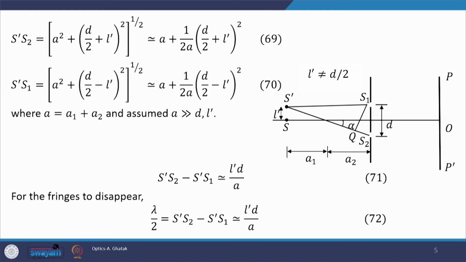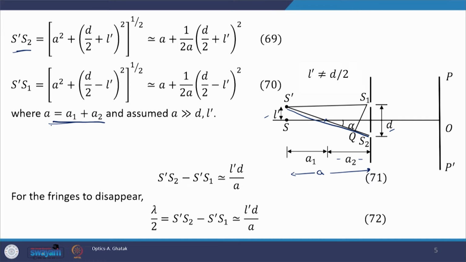Now, let us do some geometry. Let us calculate the S prime S2 distance. What would be S prime S2? We know that the distance between S1 and S2 is d, and between S prime and S is L prime. This distance is A1, where this ray crosses the axis of symmetry, and this distance is A2, and A1 plus A2 is capital A, which is given here.